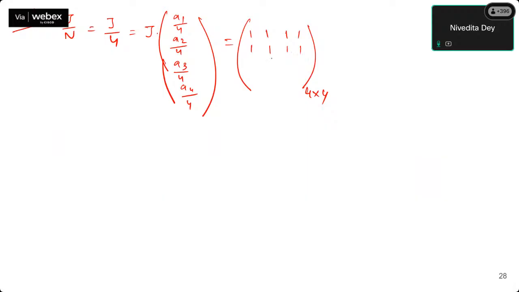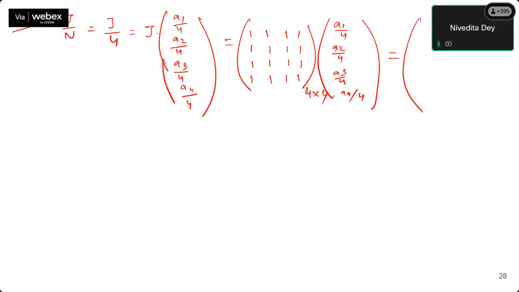So here it will be 4 cross 4 matrix, and here it is all 4 and a4 by 4. If you multiply them, what it will be? 1 into a1 by 4 plus 1 into a2 by 4, 1 into a3 by 4 plus 1 into a4 by 4. So it's kind of a1 plus a2 plus a3 plus a4 by 4. Similarly, the second one also same. 1 into a1 by 4.